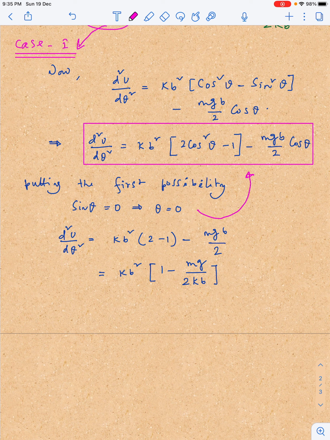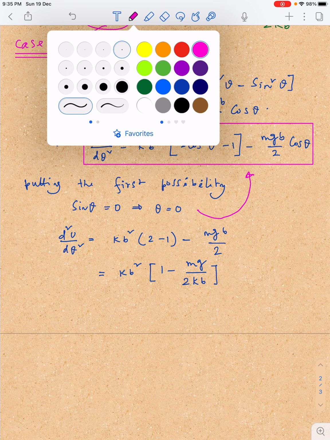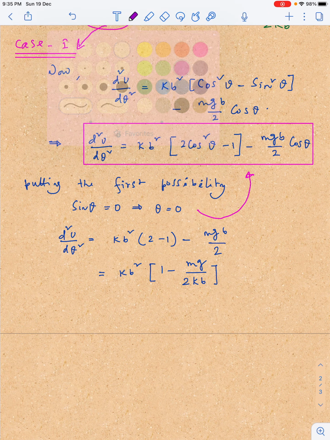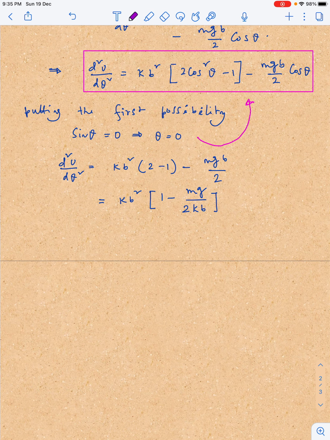Now see, these kinds of cases are very beautiful because you cannot decide any one particular outcome of it. Here I will draw case 1 or case A. In case A, 1 minus mg by 2kb is greater than 1. So in that case, I can clearly write that 2kb will be greater than mg.